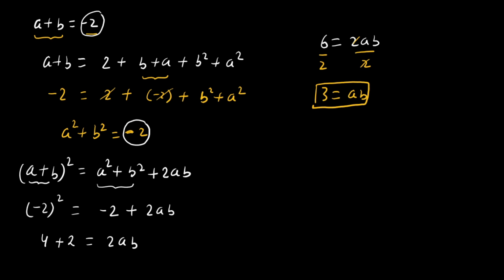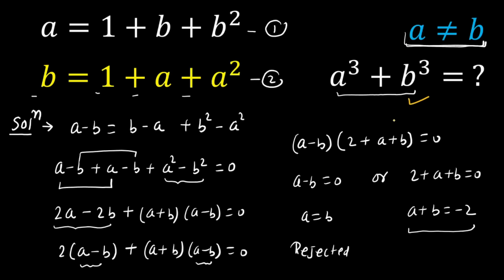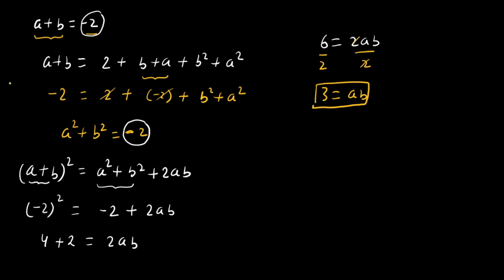And here we will find out the value of a³ plus b³. We know the algebraic identity a³ plus b³ equals (a plus b) multiplied by (a² plus b² minus ab).